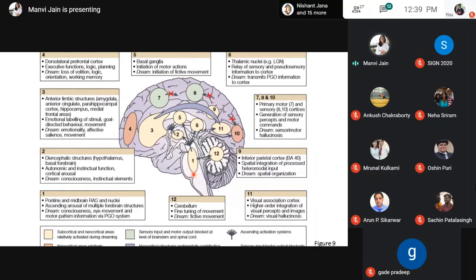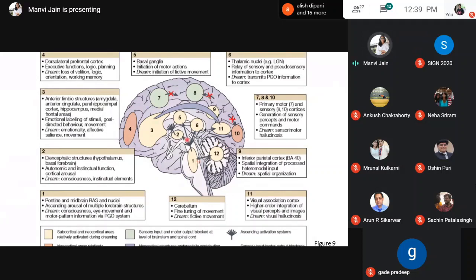I don't really know the mechanism behind it. It's just that people relate PGO to dreaming, and that is what I follow. So this is the basic region which is activated in the brain and is responsible, which includes the pons, midbrain, RAS, the reticular activating system, and nuclei.